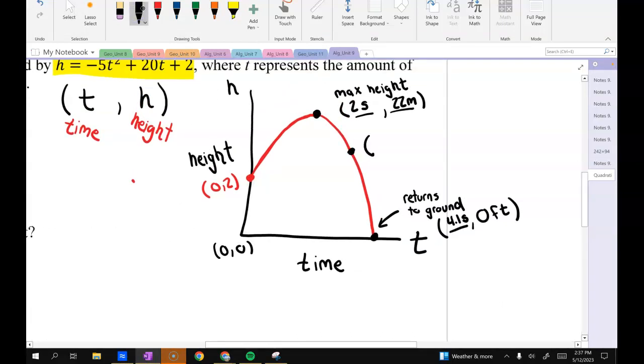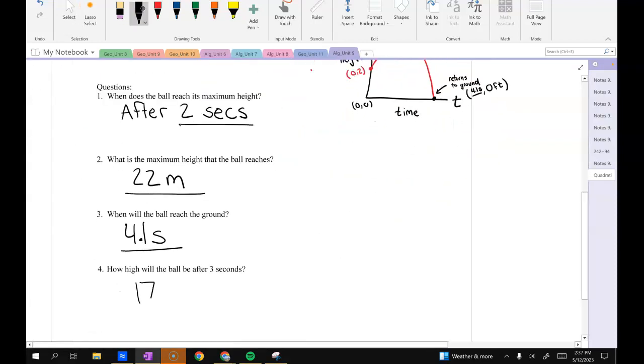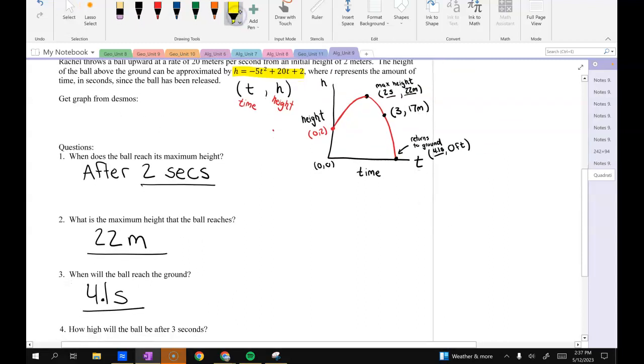After 3 seconds, it's 17 meters high. So on the homework, each problem will ask you one of these 4 questions. Each problem doesn't ask you all 4, it's just 1 per question.